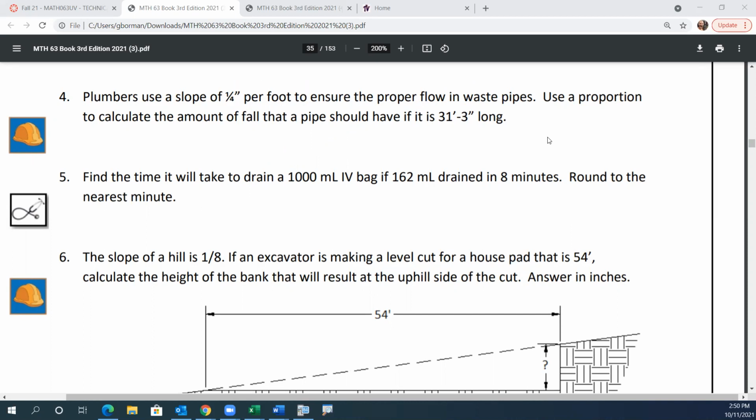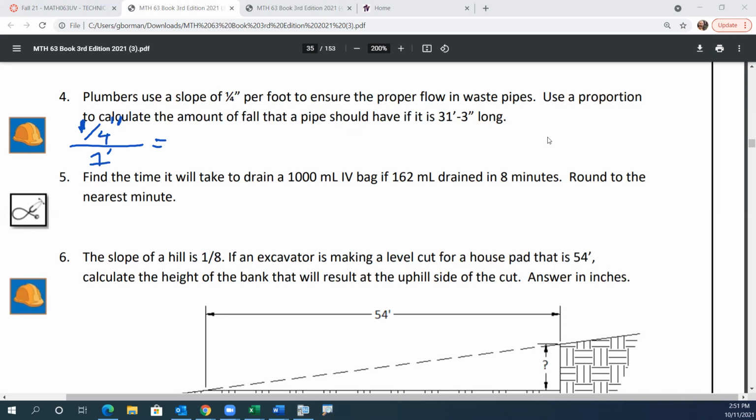All right, so that's what everything in this problem needs to agree with. So 1/4 inch drop or fall for every 1 foot of pipe. So that is what everything has to agree with, kind of like that 32-minute, 24-foot thing in the last one.